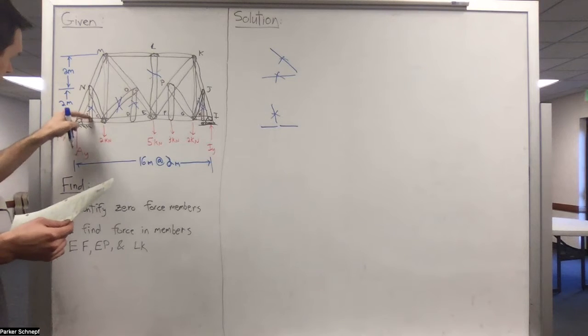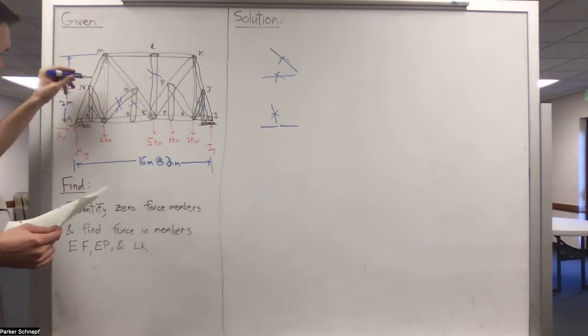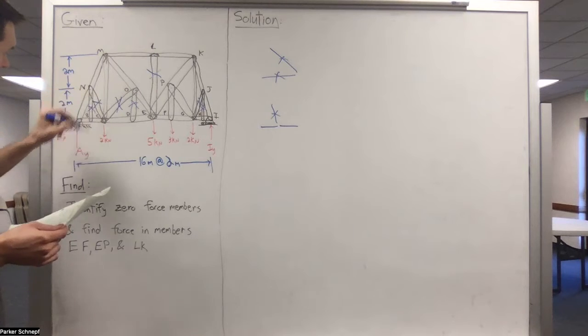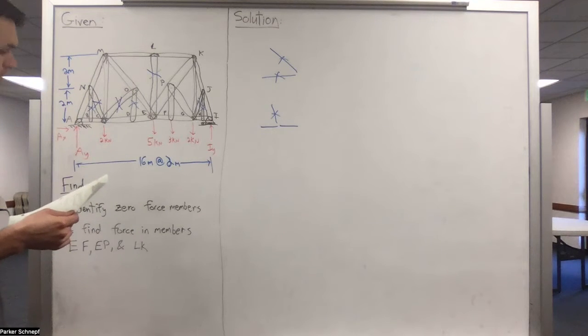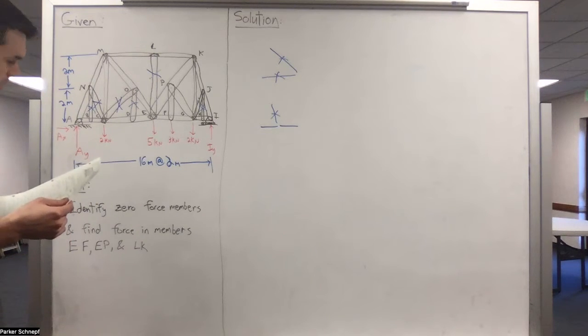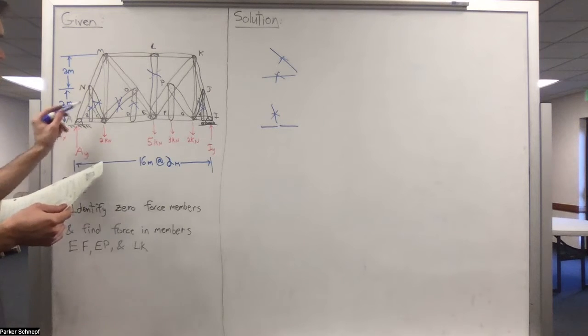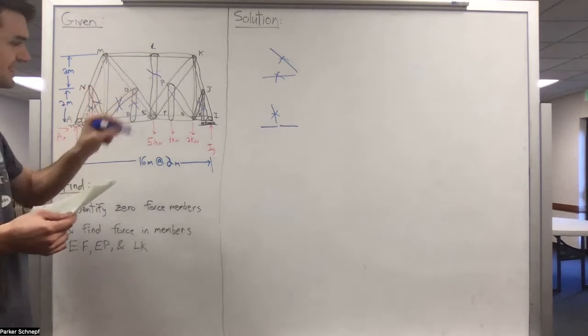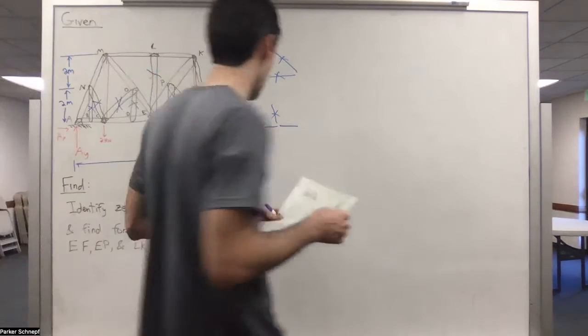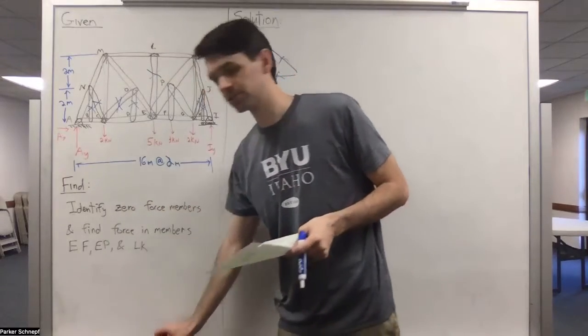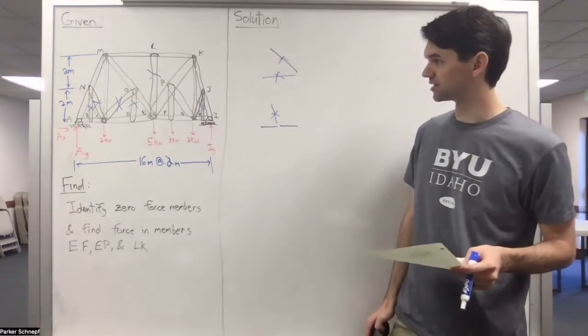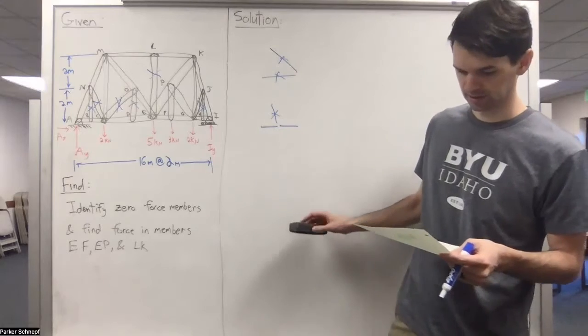And then again, because BN is gone, now the same condition applies for NC. Those are all the ones that I was able to find. So, that's 1, 2, 3, 4, 5, 6, 7. So 7 of these guys are zero force members that we can just effectively cut out.